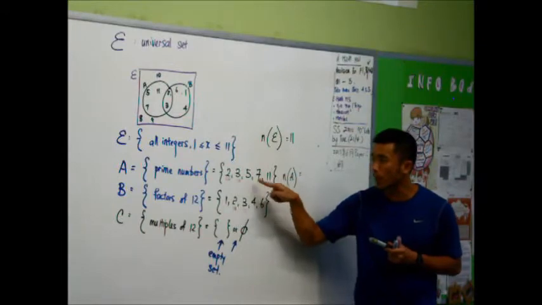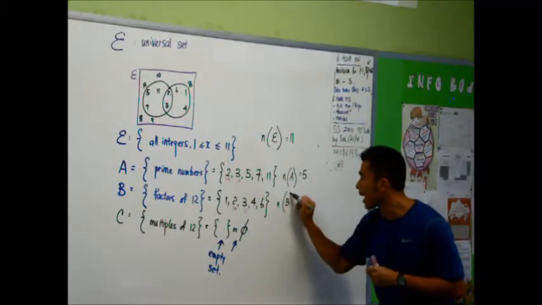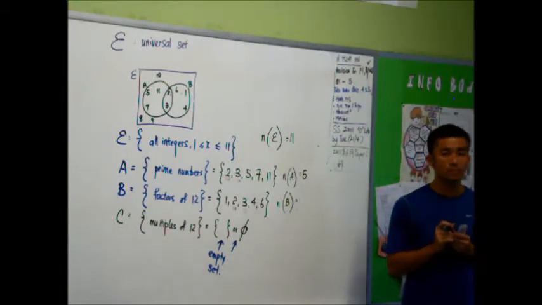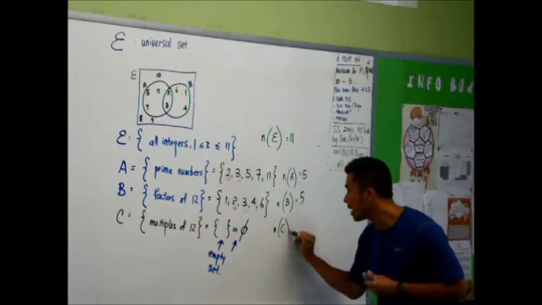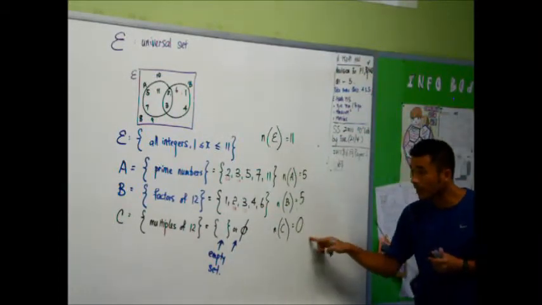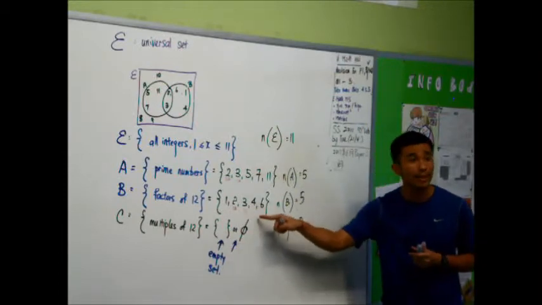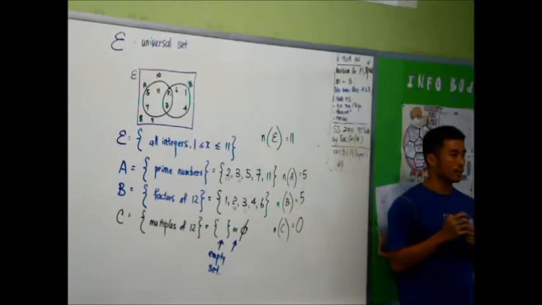Count. 1, 2, 3, 4, 5. How many elements are there in set B? 5. How many elements are there in set C? 0. So this is the difference. This is what we call empty set. There are 0 elements inside set C itself.